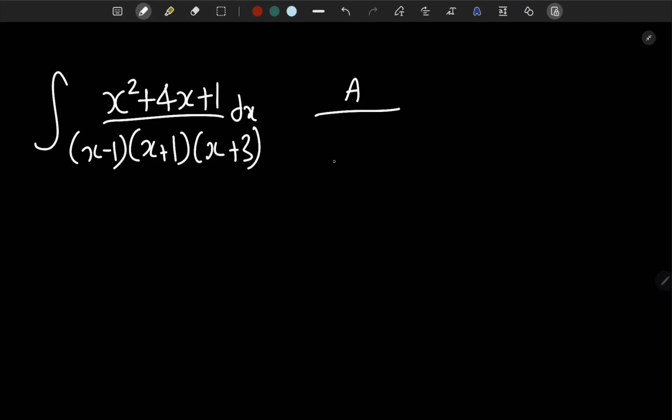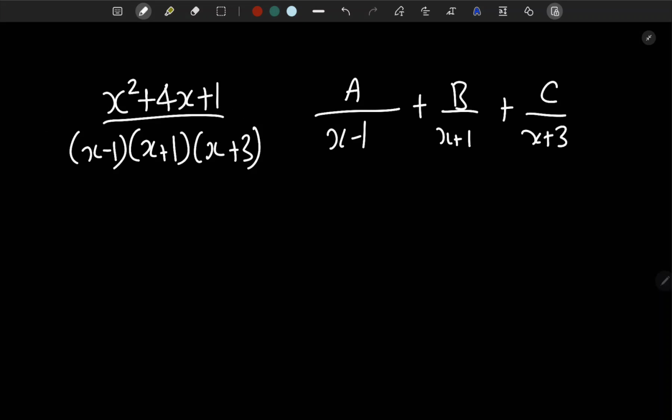a over x minus 1, plus b over x plus 1, plus c over x plus 3, and we can leave the integration sign for now and solve for a, b, and c first, and then we'll integrate later onwards. So again, as before, we'll repeat the same steps.